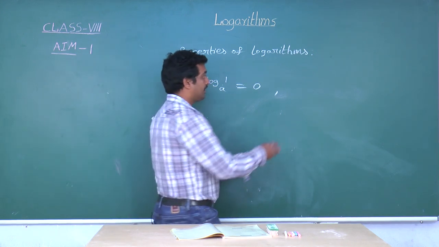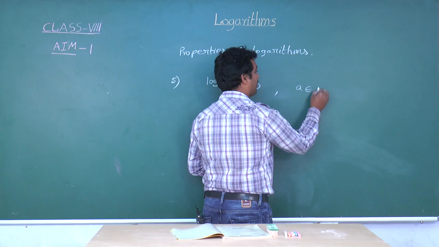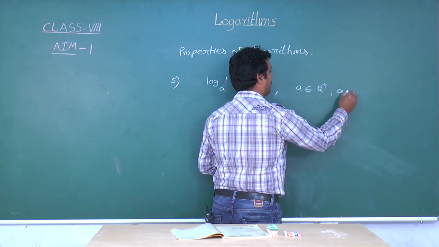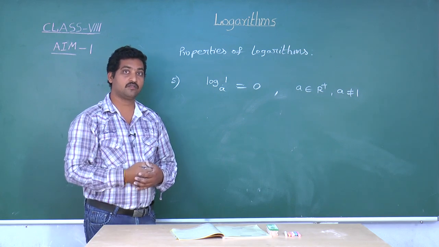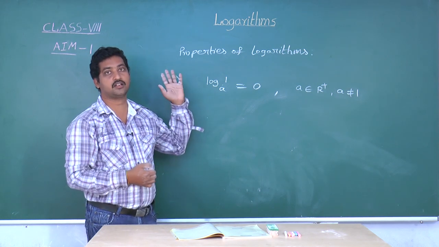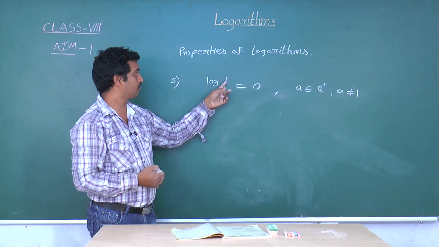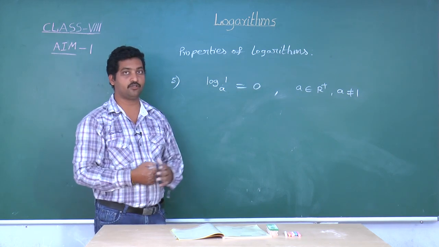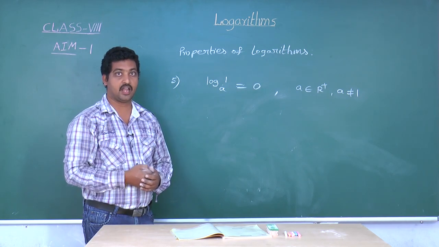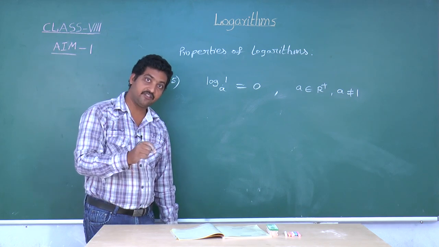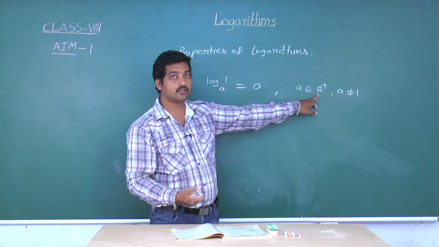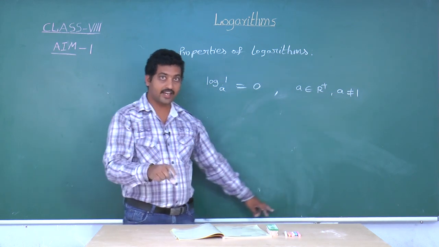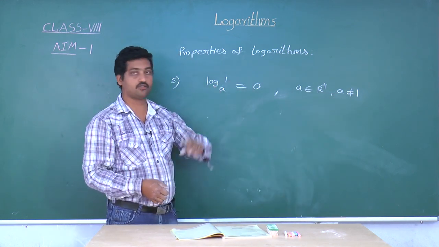That is, we need to restrict the a value also. a belongs to R plus and a not equal to 1. For those values only logarithms are defined. Log 1 to the base a is equal to 0. That base should be a positive real number not equal to 1. In that case, log 1 to the base a is equal to 0.